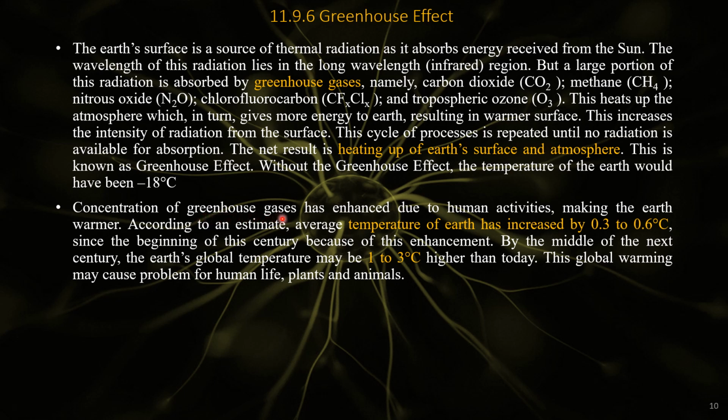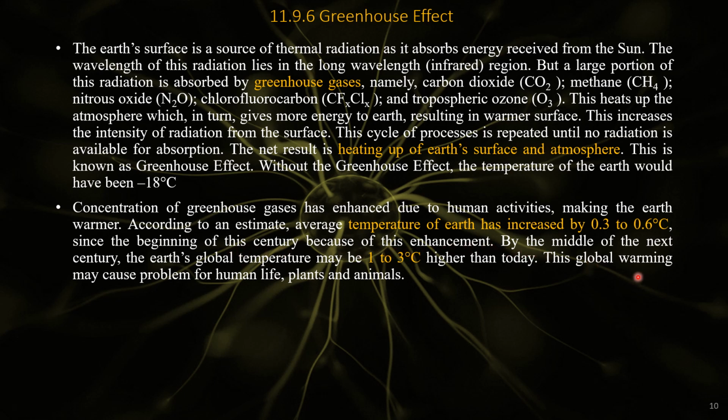Concentration of greenhouse gases has enhanced due to human activities, making the earth warmer. According to an estimate, average temperature of the earth has increased by 0.3 to 0.6 degrees Celsius since the beginning of this century because of this enhancement.